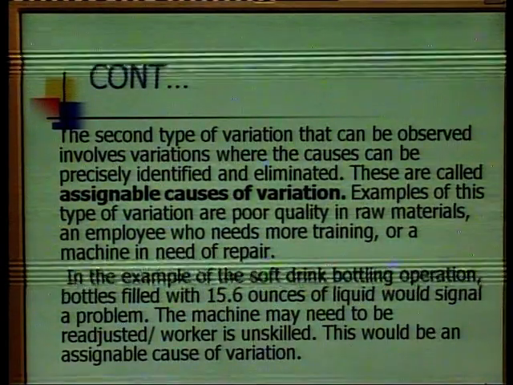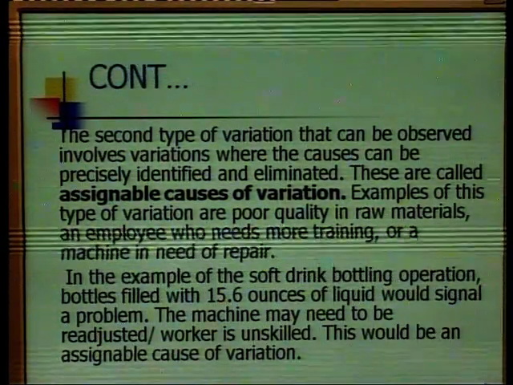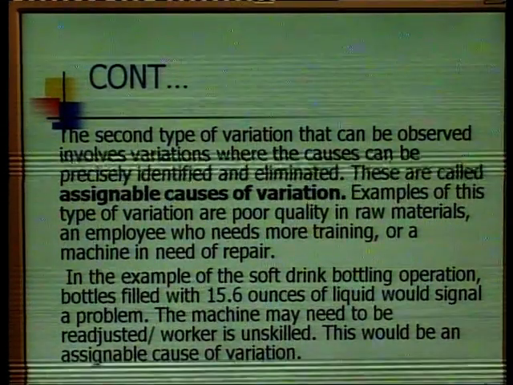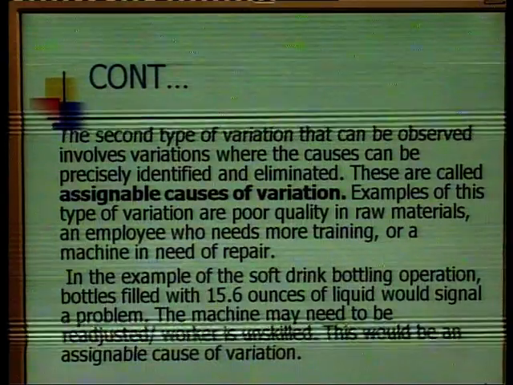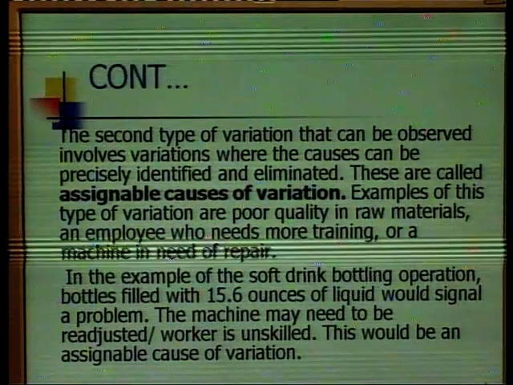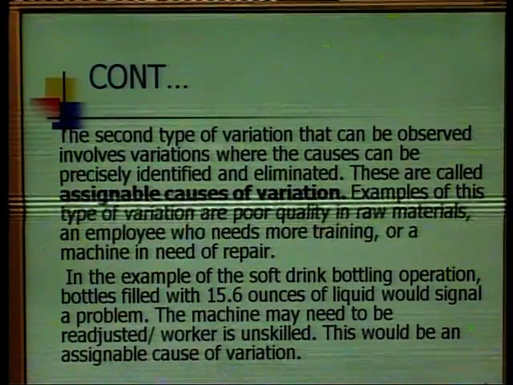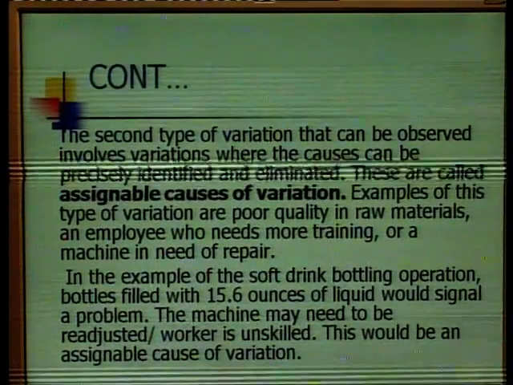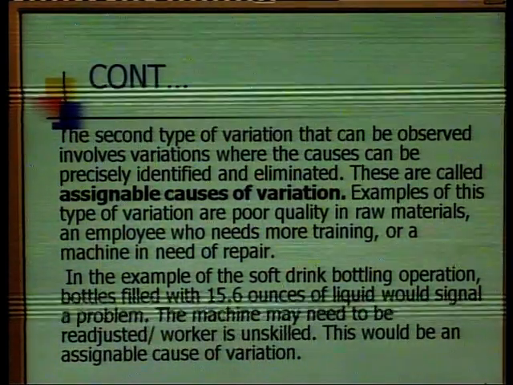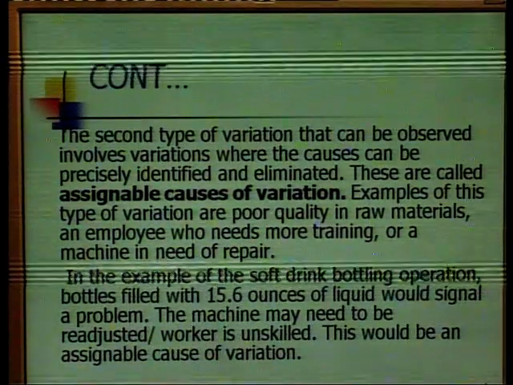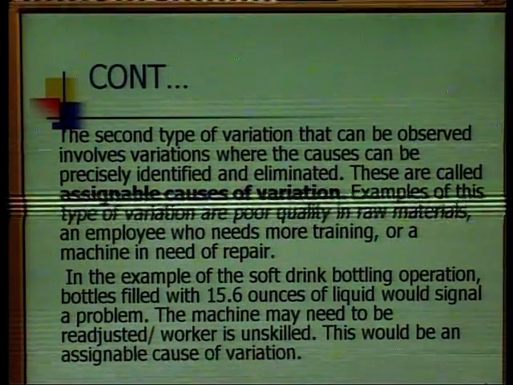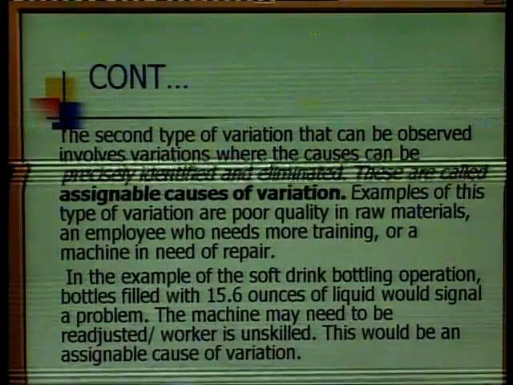Examples may be poor quality raw materials, or an employee or worker who needs training, who is unskilled, or the machine used for manufacturing that product is not accurate and needs repair. So, these are the assignable causes of variation which can be identified and which we can also eliminate.